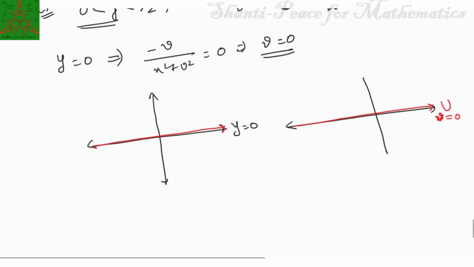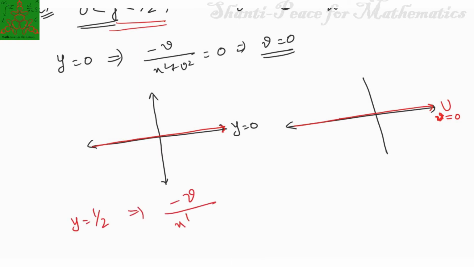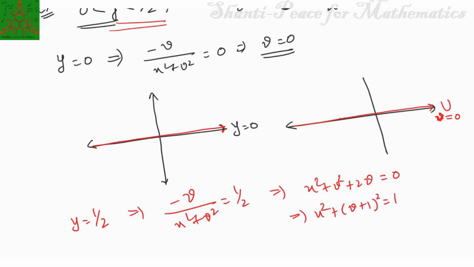Now the other one is given, y is equal to 1 by 2, which we can calculate by minus v upon u square plus v square equal to 1 by 2. That we can write as u square plus v square plus 2v equal to 0. So you can have u square plus (v plus 1) square equal to 1. This will represent the circle with center 0, minus 1 and the radius will be 1.